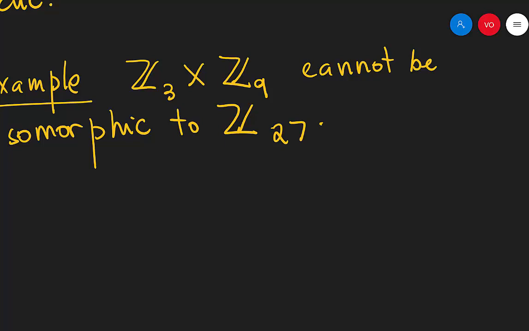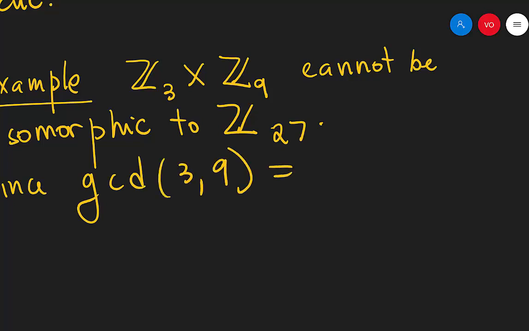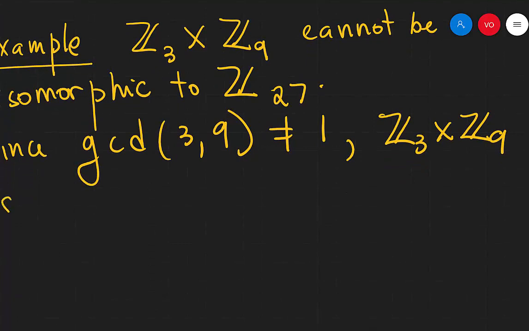And the reason why is simply because since the GCD of 3 and 9 is not 1, then Z3 direct product Z9, according to our previous result, is not a cyclic group.